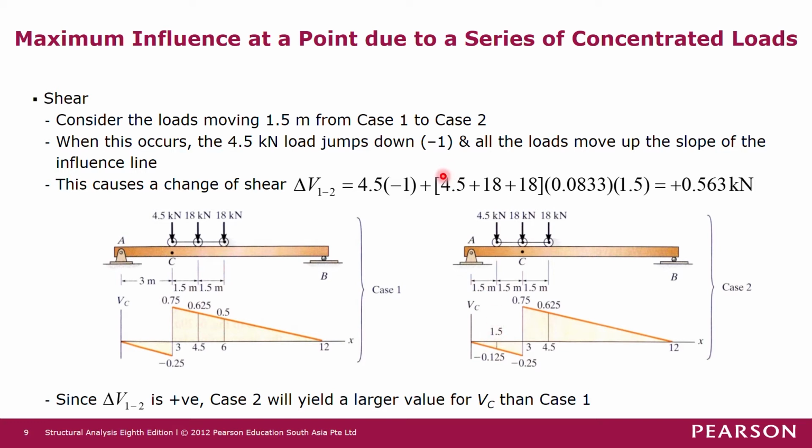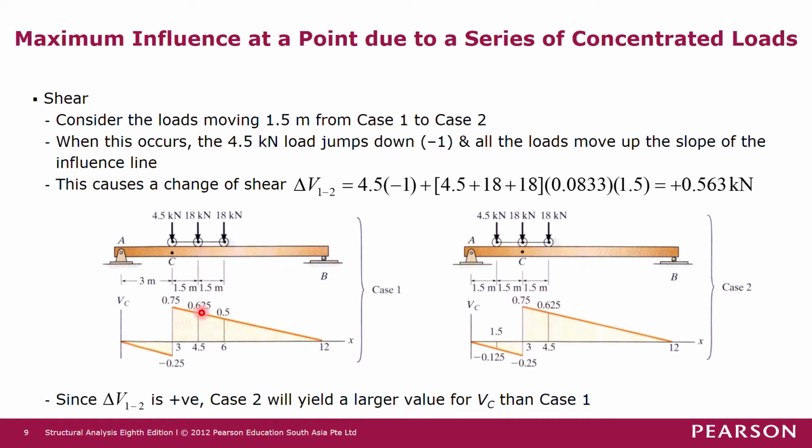That will be given by the force multiplied by the slope multiplied by the total movement of 1.5 meters. The second force that we look at is this 18 kilonewton force. Initially it is here, and it moves to this point from case 1 to case 2.